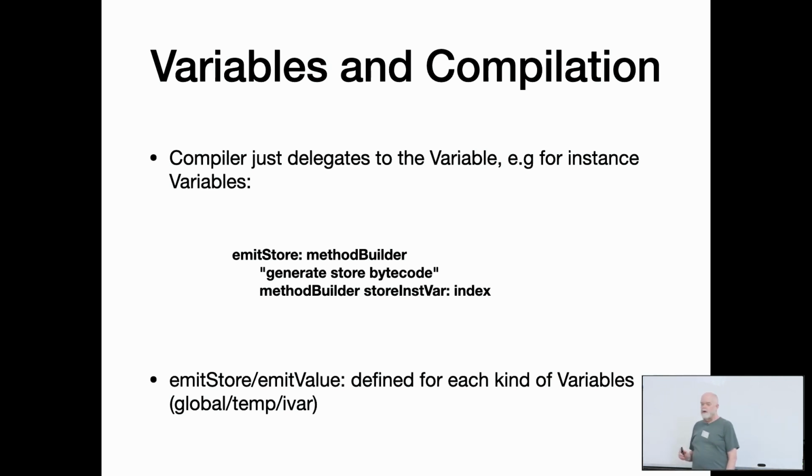So the compiler, if it wants to store an instance variable, would delegate to the semantic variable describing instance variables and call emit store there, handing over the method builder instance that it has, which is like a stream object where you call methods on to create bytecode, and this one then is just method builder store instance variable. And index is the state that the semantic variable knows, because that is what an instance variable is. It knows its index.